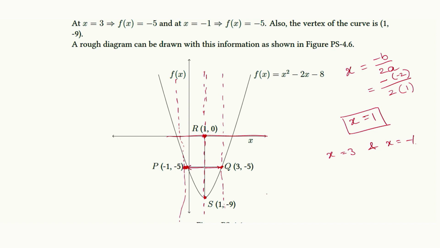So the point S will be 1, minus 9. Similarly, if you substitute x is equal to 3, we get f of x is equal to minus 5, and we can get point Q as 3, minus 5. Also, if you substitute minus 1, we are going to get minus 5. Point P will be minus 1, minus 5. Now we have plotted all the points P, Q, R and S, and we are ready to answer now.